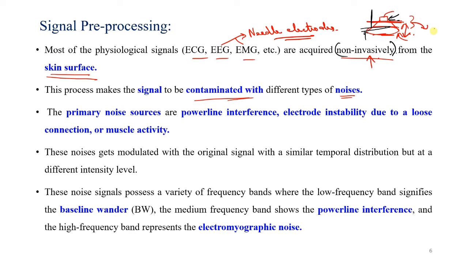So all of these conditions induce a movement in the electrode. There is a relative movement between the electrode and the skin surface, and due to this movement, noise is incorporated into the signals, and that noise is called motion artifact.